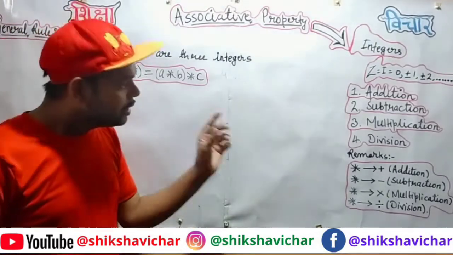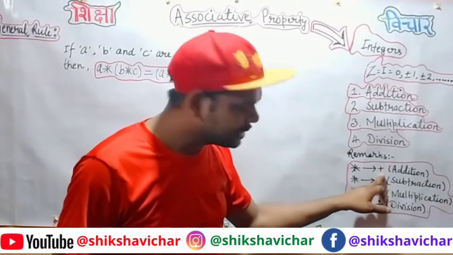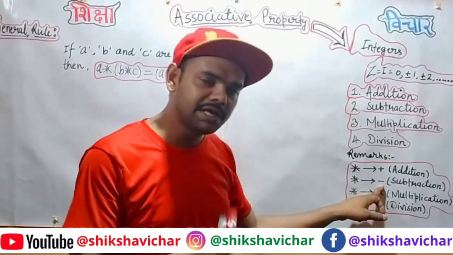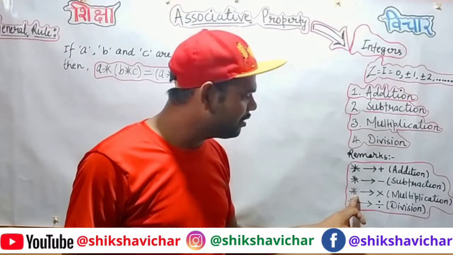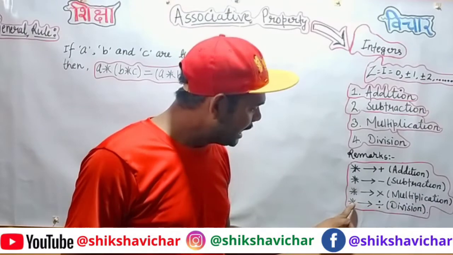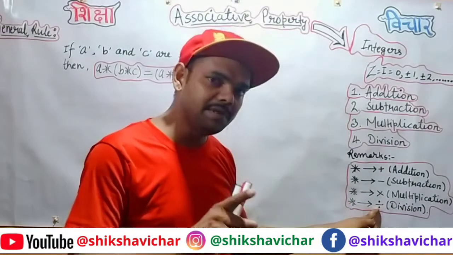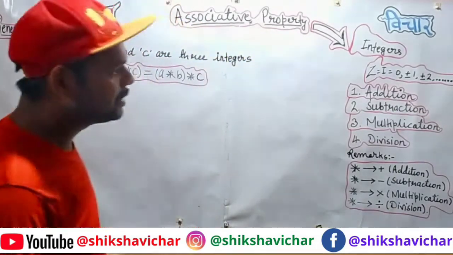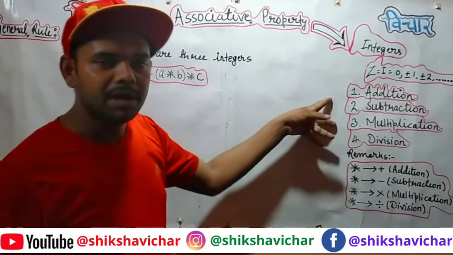The star will become plus in the case of addition, minus in the case of subtraction, multiplication in the case of multiplication, and the sign of division in the case of division. We will discuss these four things one by one.